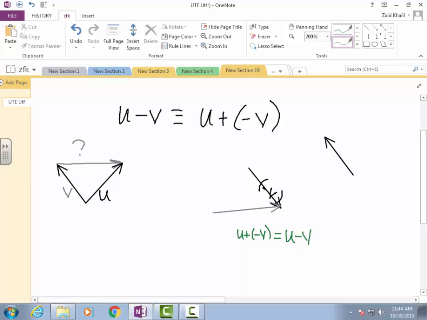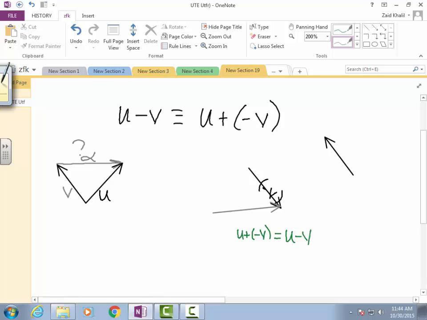In other words, a vector that connects the head of V and the head of U. You sure? No, you're not sure, right? And you shouldn't be sure. In fact, you should never be sure when it comes to something like this. But there's a mechanism by which you actually find it. You say, okay, I don't know what that thing is, but what am I going to call it?